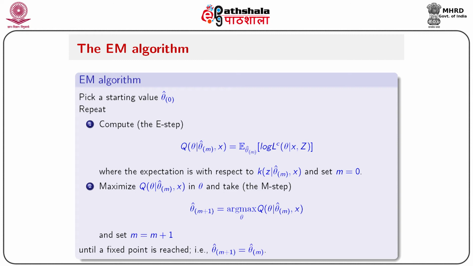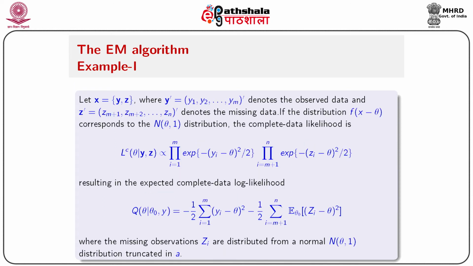Then maximize Q(theta|theta hat m, x) in theta and take theta hat m+1 equals argmax over theta of Q(theta|theta hat m, x), and set m equals m+1, until a fixed point is reached, theta hat m+1 equals theta hat m. An example will make the algorithm clear.